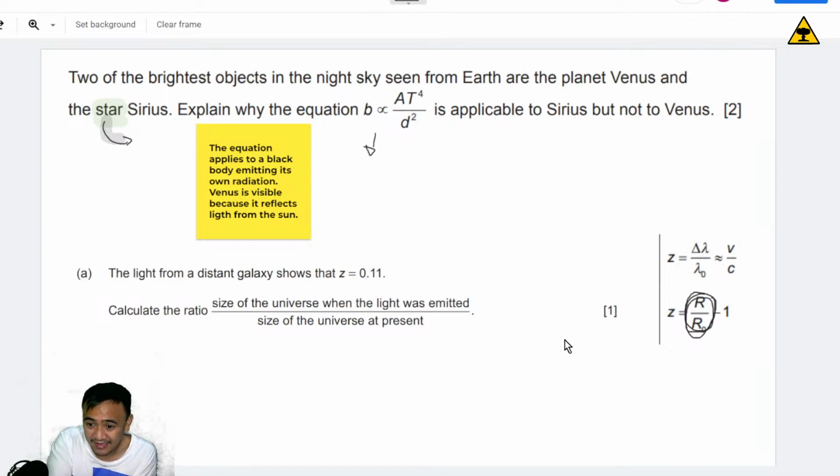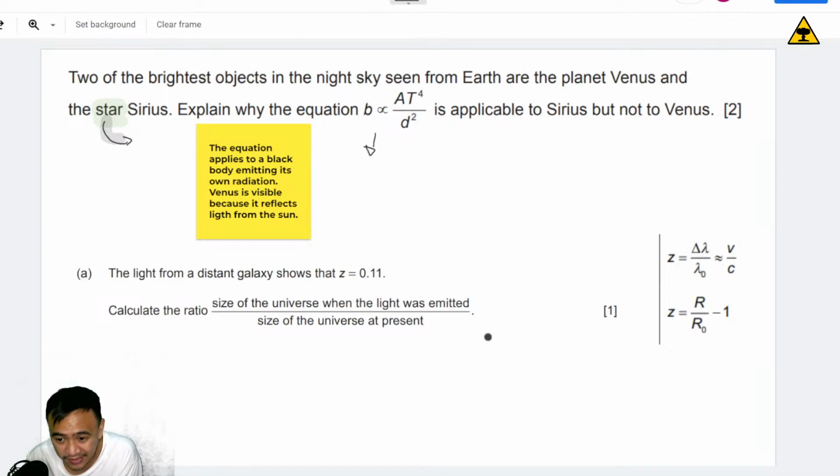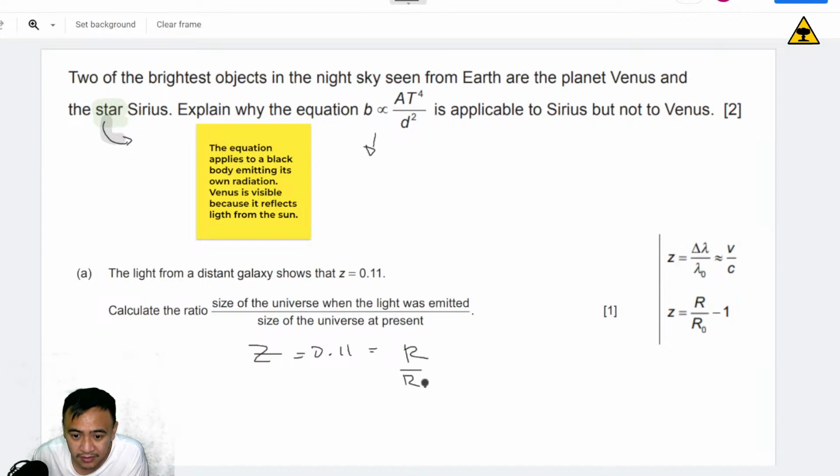Okay, so this is how you will apply this. Z is equal to 0.11, and that's equal to R over R0, minus 1.